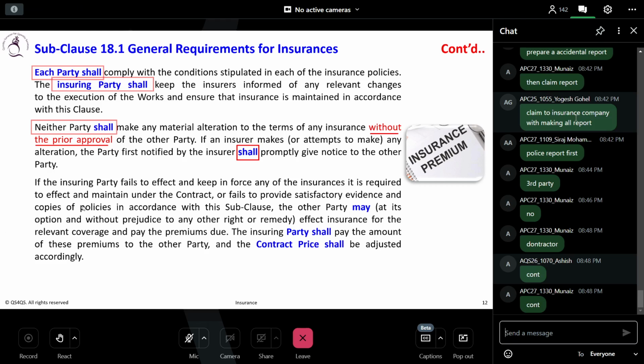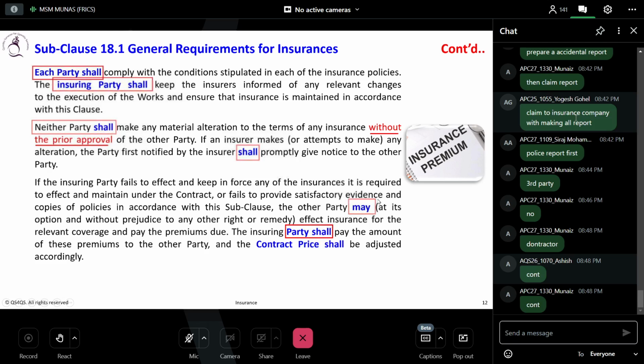Okay. So if the insuring party fails to effect and keep in force any insurance. Now it says about the validity of the insurance during the project. So if the insuring party fails to keep the insurance effective, what will happen?